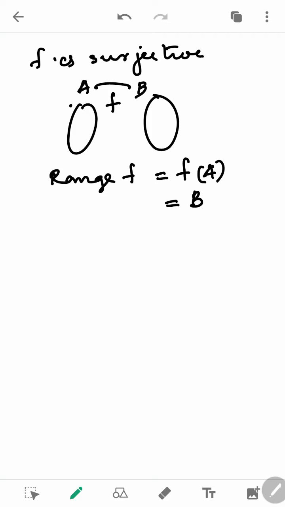That means every element in B will have a pre-image. Okay, that is surjectiveness. Now we have to prove that F of F inverse D is equal to D.